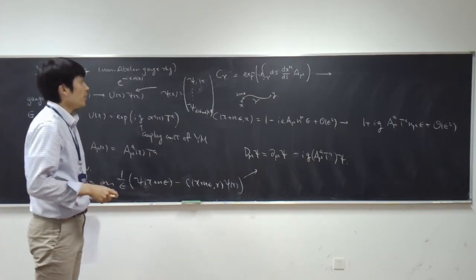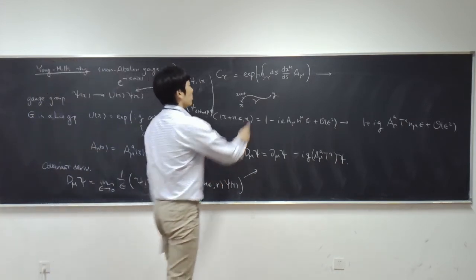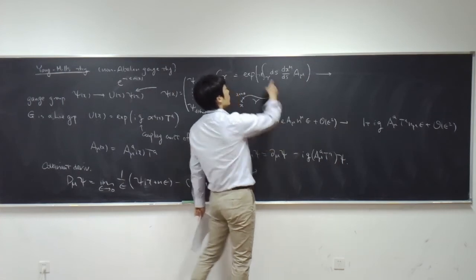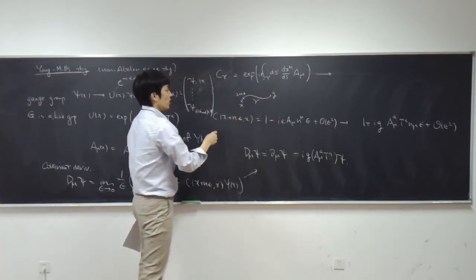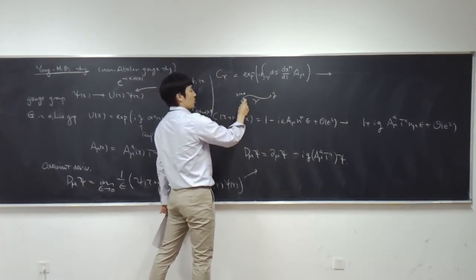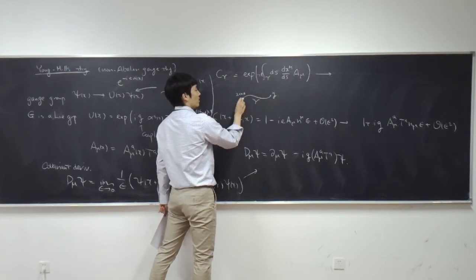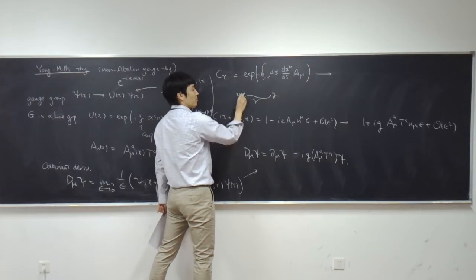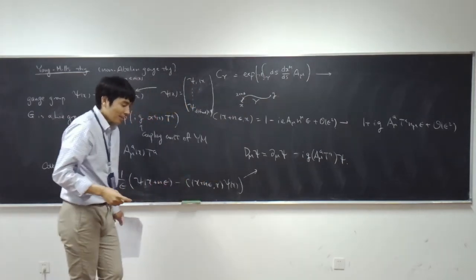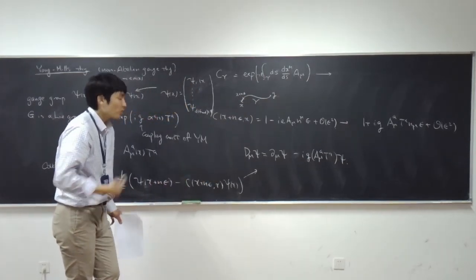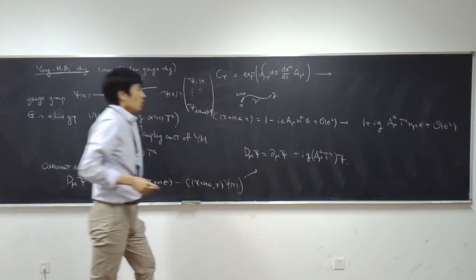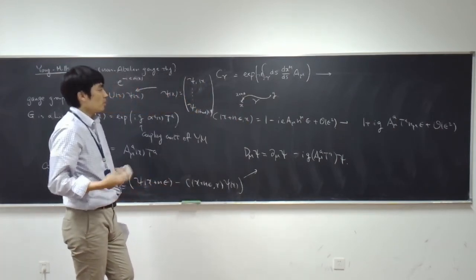Here you have to be a bit more careful. This is the infinitesimal expansion for the Wilson loop, so you don't need to care so much about it. There's only x and x plus epsilon; we assume this is only the shortest path that connects neighboring points.